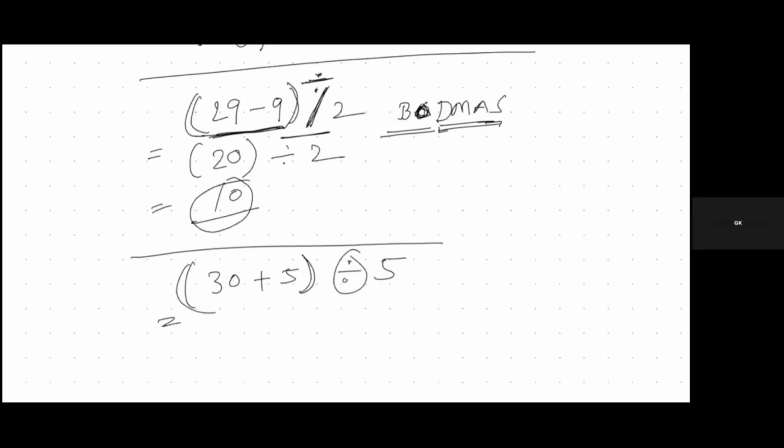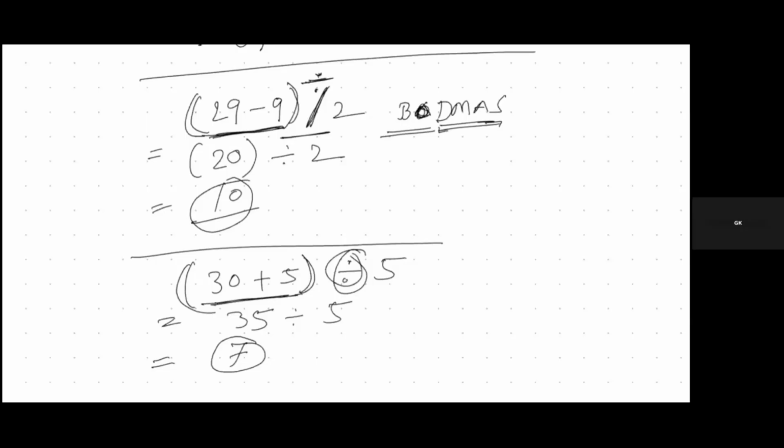The bracket is 30 plus 5, that is 35, divided by 5. Final answer will be 7. So in this case also you have seen that we have solved the bracket first rather than the division sign first, even though division is to be carried out before the addition.